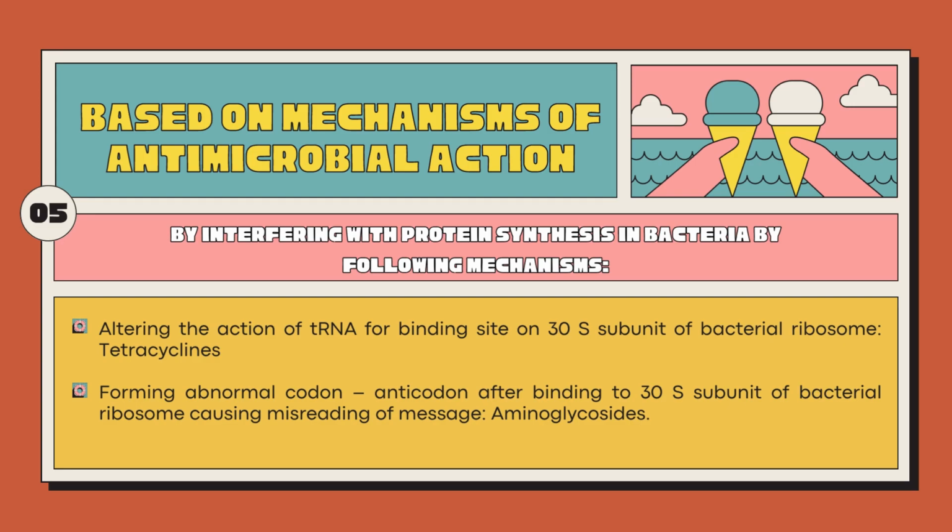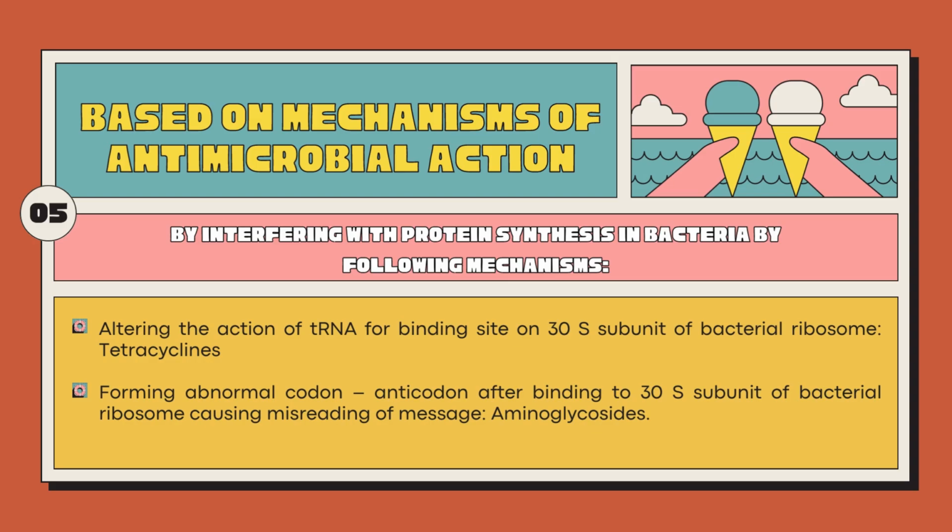Fifth is by interfering with protein synthesis in bacteria by the following mechanisms. First, by competing with tRNA for the binding site on the 30S subunit of the bacterial ribosome, which includes tetracyclines.